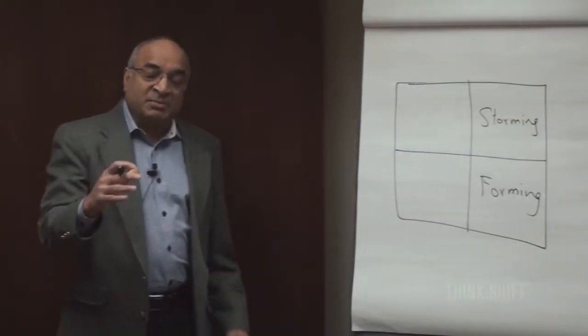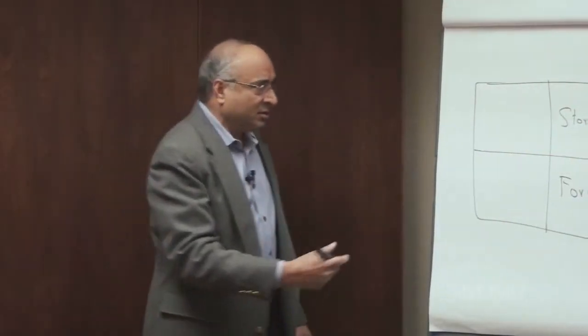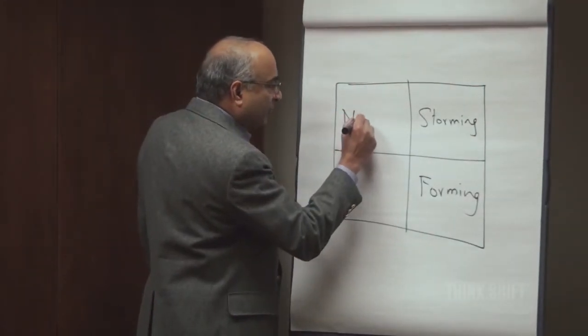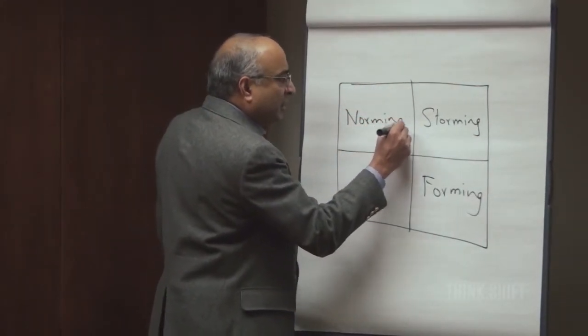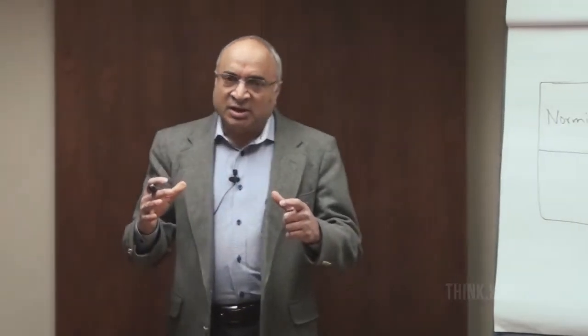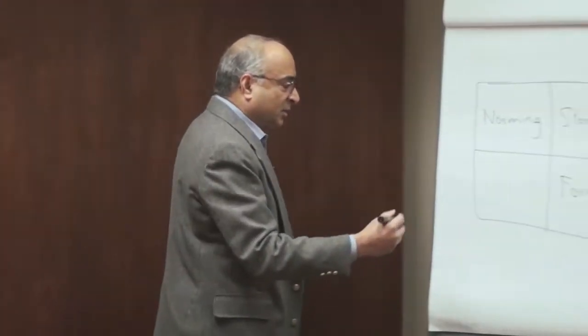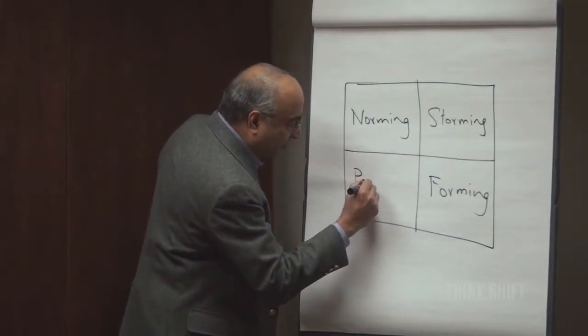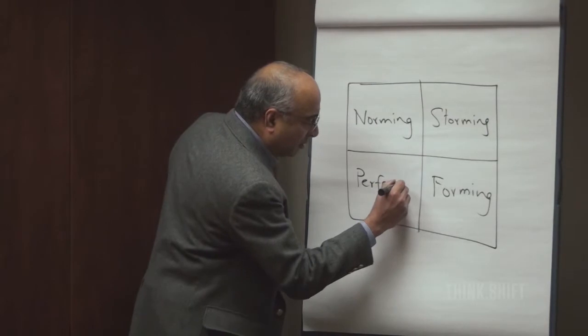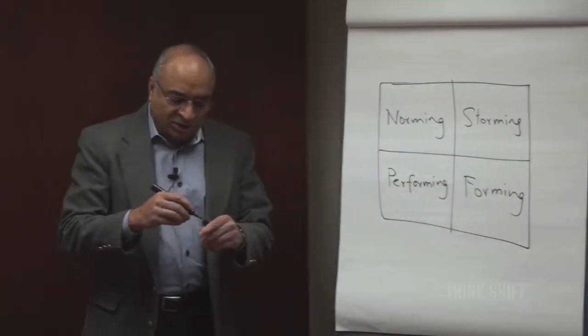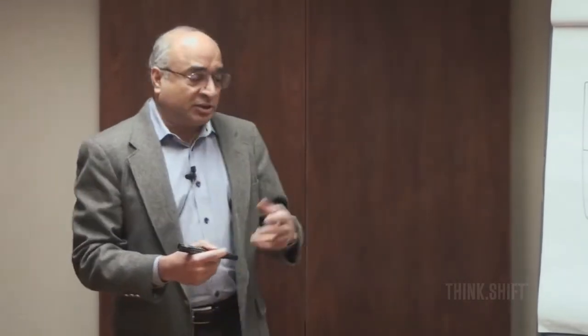This is where the team figures out each other. Norming. This is where the team creates understanding of each other and an operating philosophy and principle. And performing. This is where the team performs very efficiently.